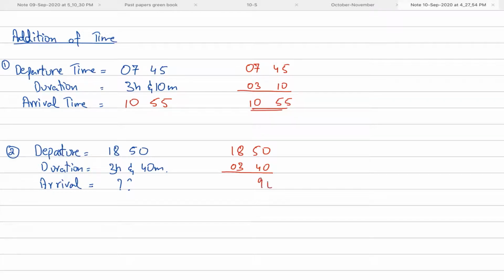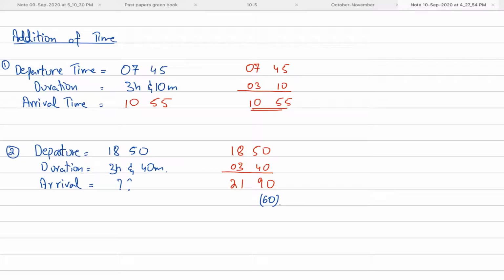So 50 plus 40 is 90, and 18 plus 3 is 21. Now the problem here is that right away we can see something is wrong with the number of minutes. You can't have minutes exceeding 60. So how can we fix that? We can fix that by simply subtracting 60. Every time I'm subtracting a certain value, I'll put a bracket just so we can distinguish easily.